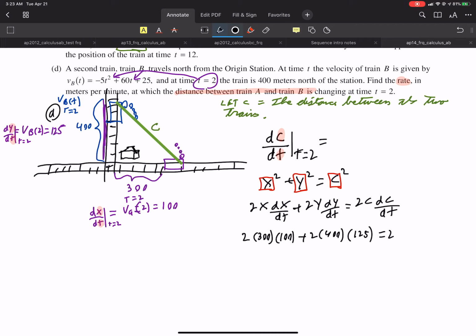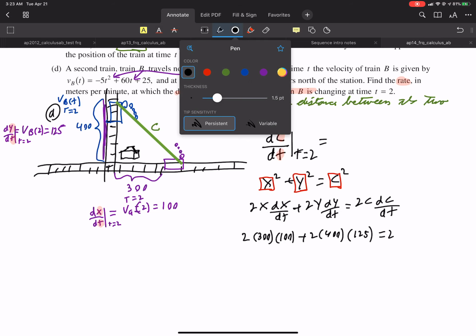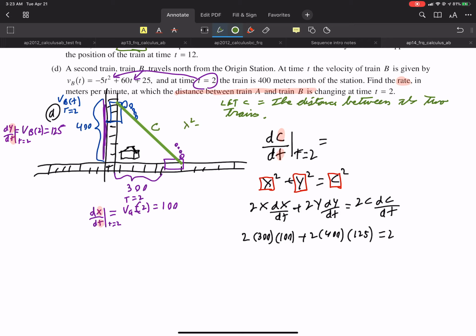C. To find C, we have to use the Pythagorean theorem. We have x squared plus y squared equals c squared. Well, x squared is 300 squared. y squared is 400 squared. Now, you should know if it were 3 and 4, the Pythagorean triple is 3, 4, 5, right triangle.